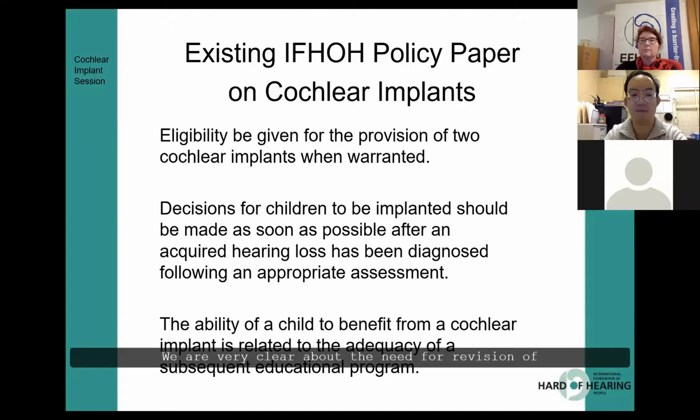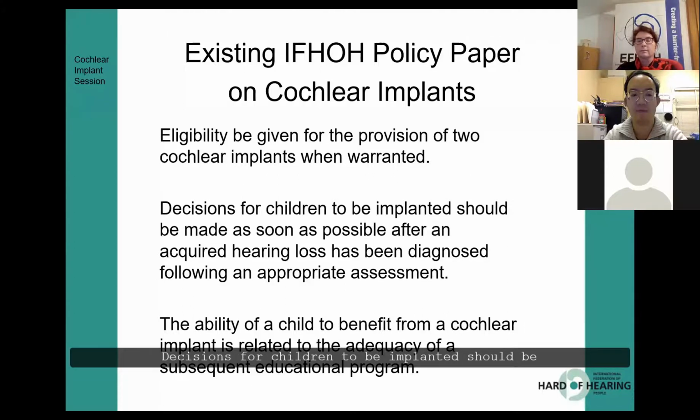And we are very clear about the need for provision of 2 cochlear implants when warranted. So that position will not change. That is fundamentally very important, as has been expressed in this webinar.